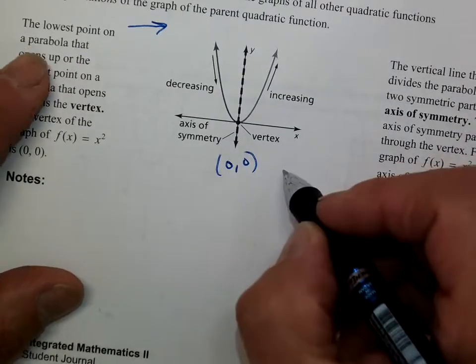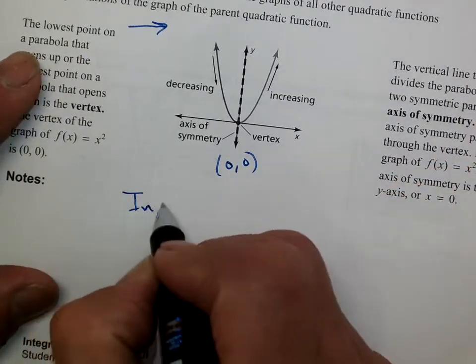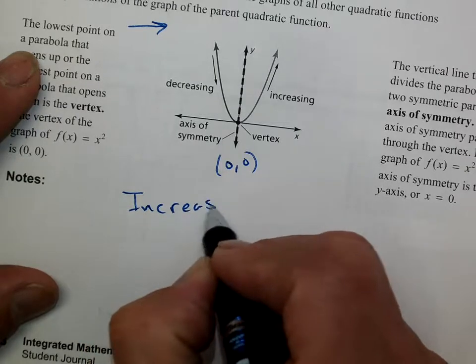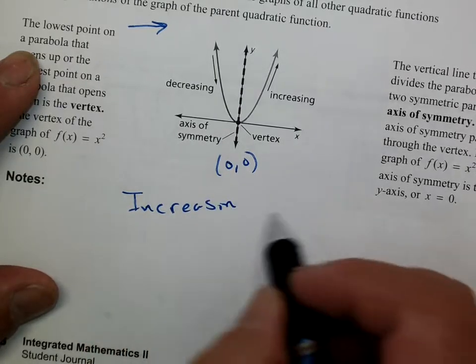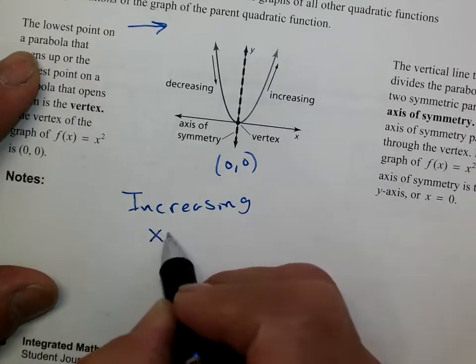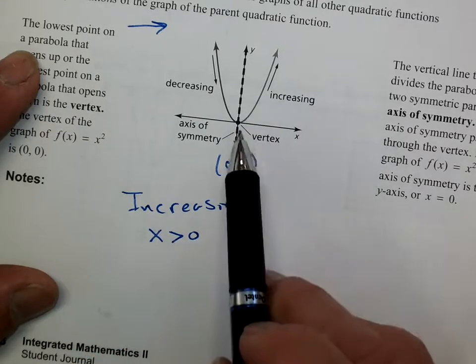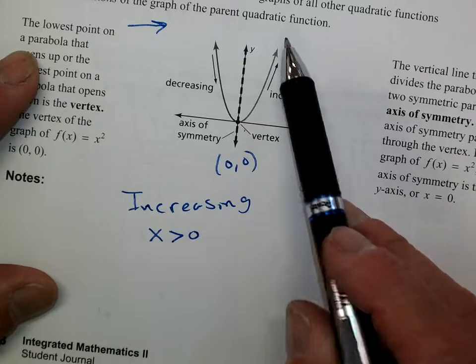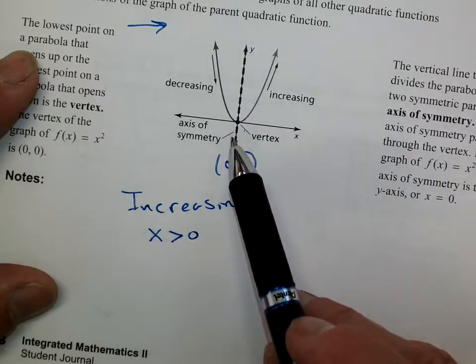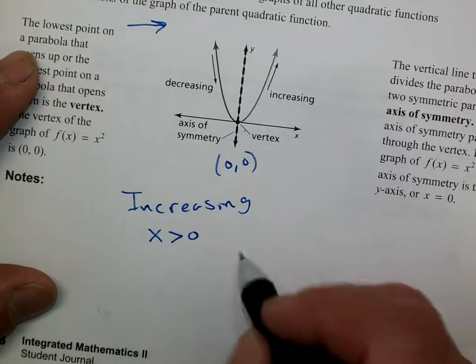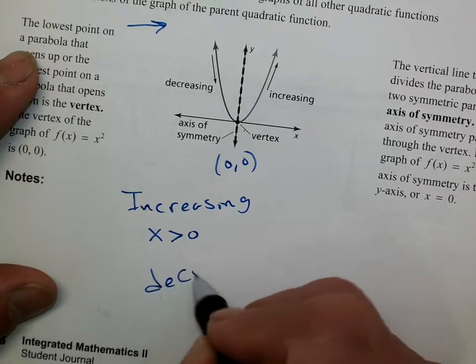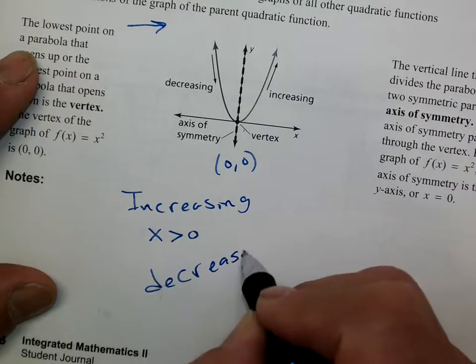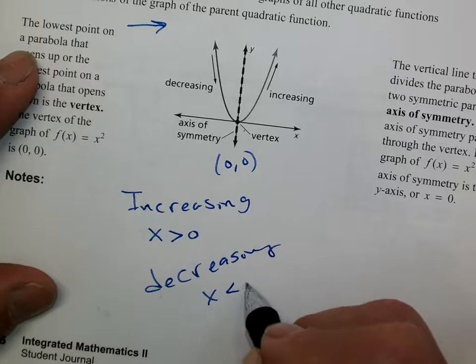That's my vertex. So we're going to say it's increasing from x is greater than 0. From x is greater than 0, it's going uphill. Now it's coming downhill prior to that, so we'll say it's decreasing from x is less than 0.